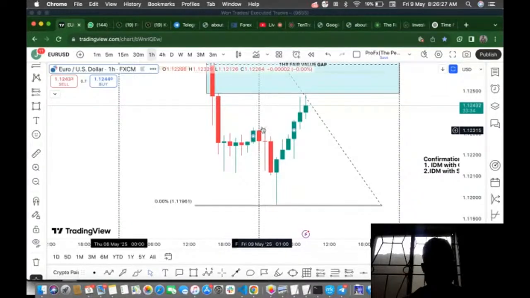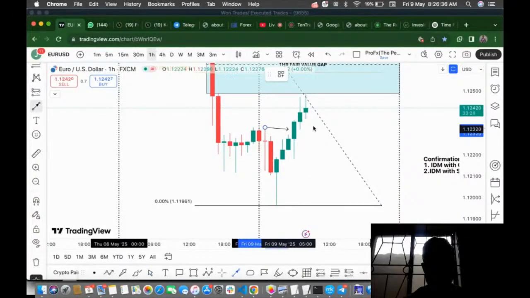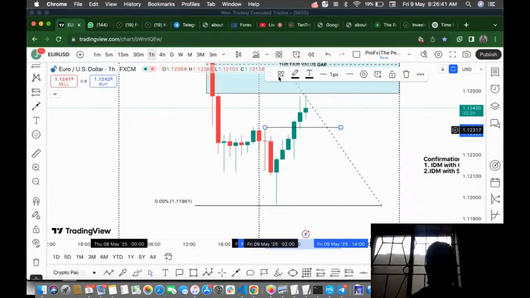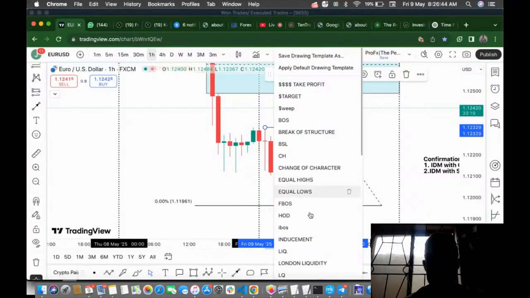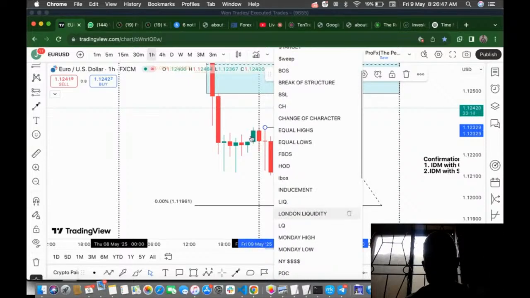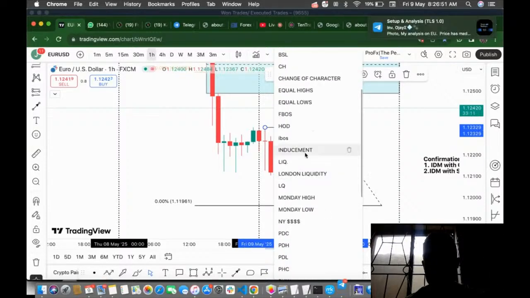Why? Because this is a swing high and a swing low. This high was meant to be a liquidity, so that high has been induced. So we have inducement because of the liquidity that has been taken out, and we have a breaker block because of the failed order block. You see now?